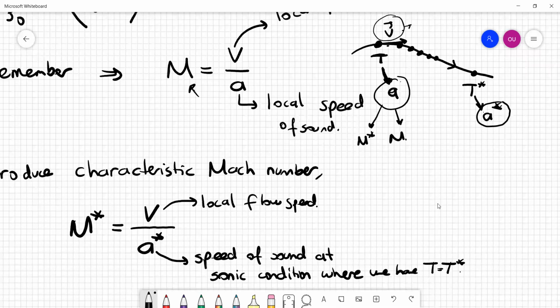Because a star is a constant along this streamline, if you remember our discussions this hour, the only thing changing in this equation is V. V will change if there is a pressure field, accelerating or decelerating the flow. So M star will have a different value at every point along this streamline. What will be the value of M star at sonic condition?